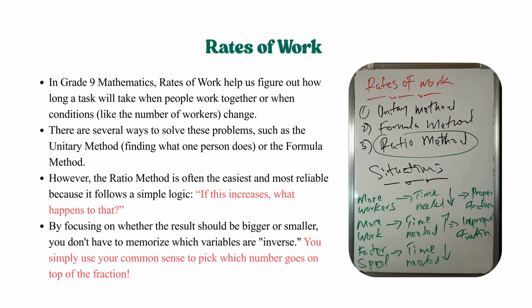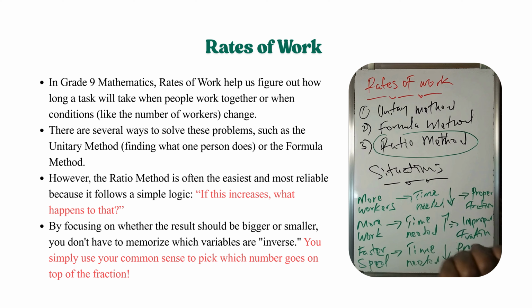And what do we do when the time decreases? When there's a decrease on the unknown, we use a proper fraction. And as I said, a proper fraction illustrates that there's a decrease. It's a decreasing ratio.